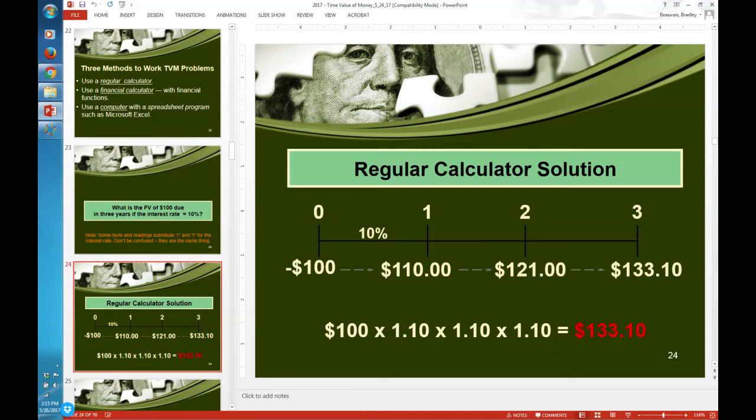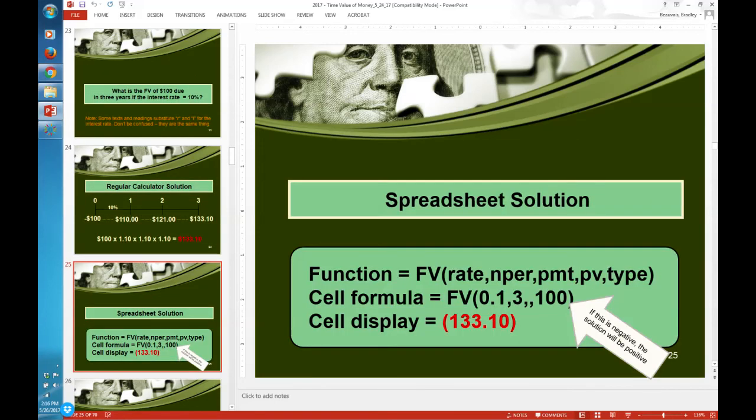So in this case, we can do the regular calculator solution. We're taking that $100 and compounding it over a 3-year period. We can do that with the regular calculator and come up to $133.10. But the easy way is we can go into Excel and type in any cell equal FV and open a parentheses.